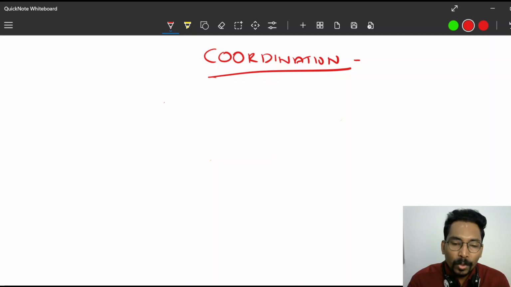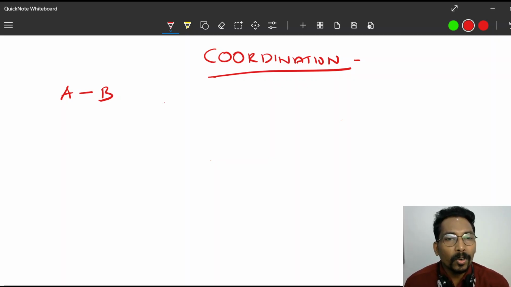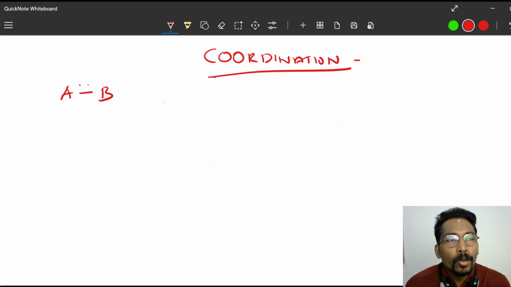Covalent bond is formed between two non-metals and is formed by sharing of electrons. This is a typical covalent bond.